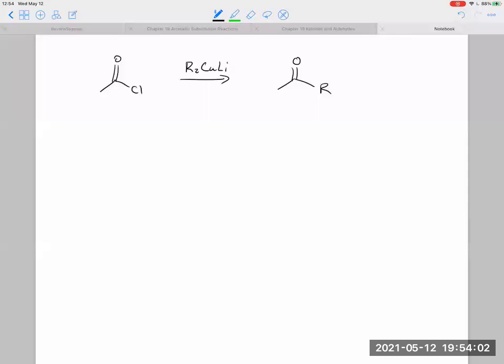Okay. We also know how to use a Grignard to create any old aldehyde or ketone that we want. What will we start with? Does anybody remember?